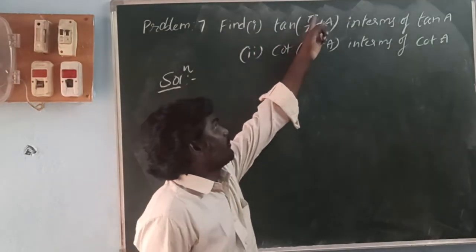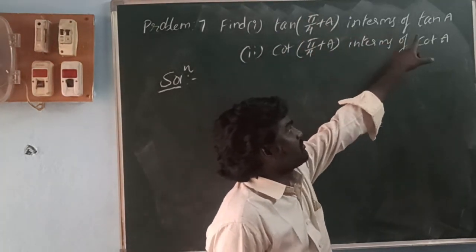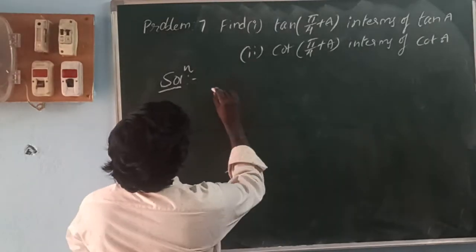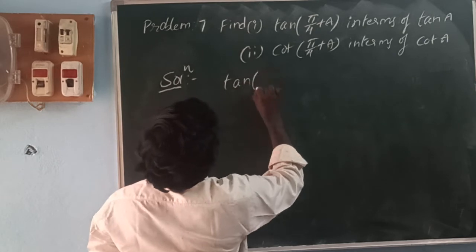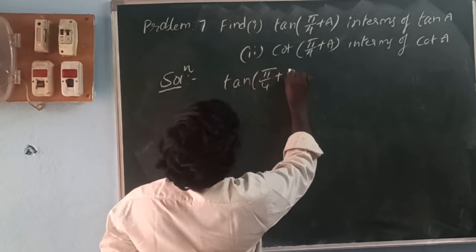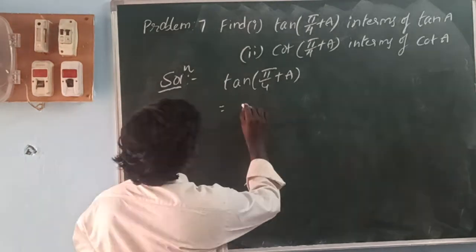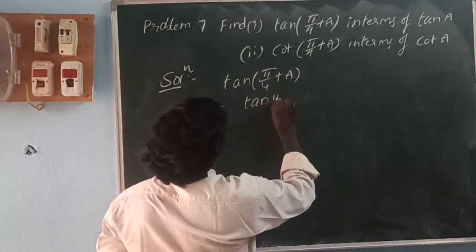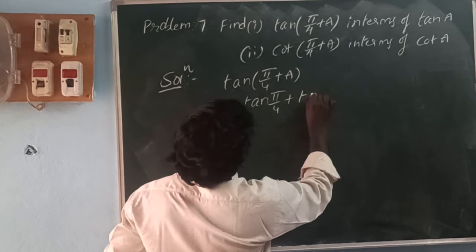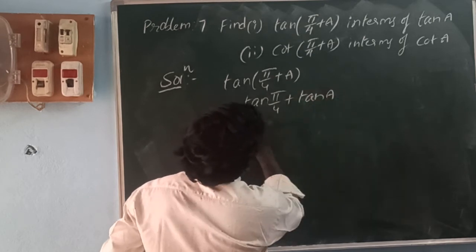Find tan of pi by 4 plus a in terms of tan a. So here tan of pi by 4 plus a. It is in the form of tan of a plus b. Tan of a plus b form is what? Tan a plus tan b by 1 minus tan a tan b.